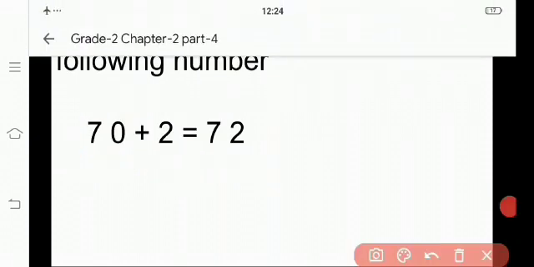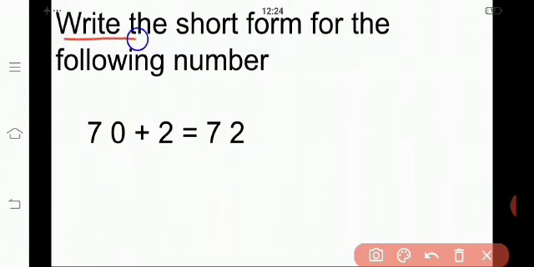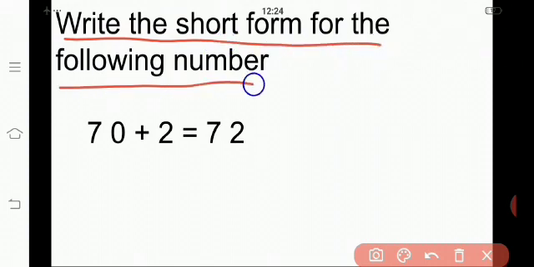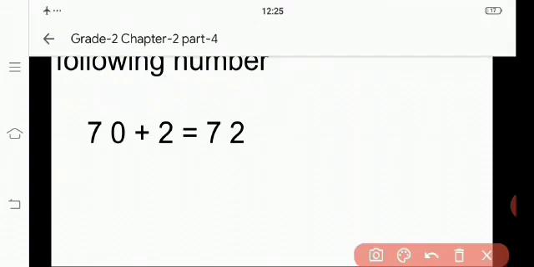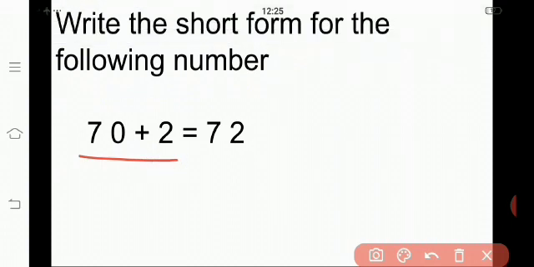Here we have an example. Write the short form for the following numbers. See, children, what we learned about short form? Yes, when we add the expanded form, we get the short form. See, children, here we have an example, also expanded forms only. 70 plus 2.